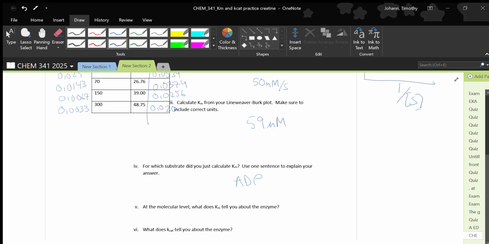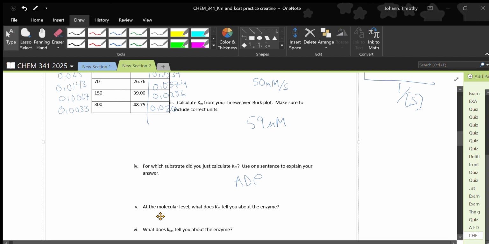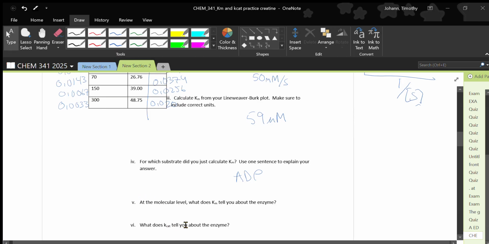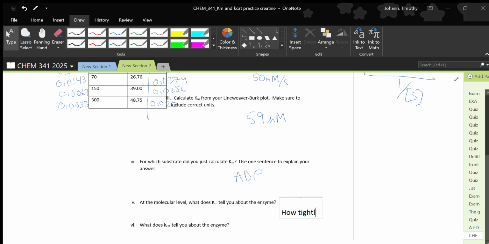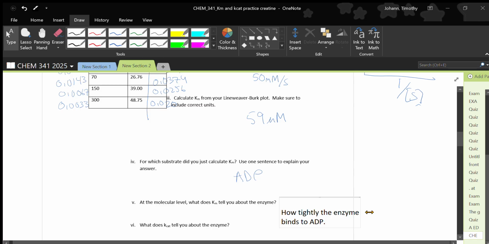It's telling me how tightly the enzyme binds ADP, right? In this case. But how tightly whichever one you were varying is what it's going to tell us.